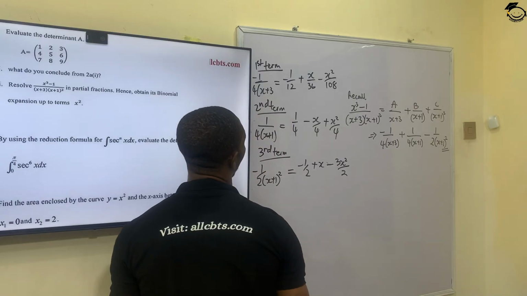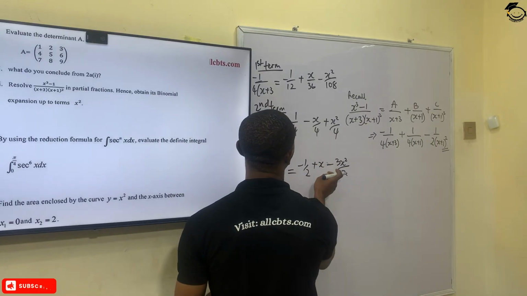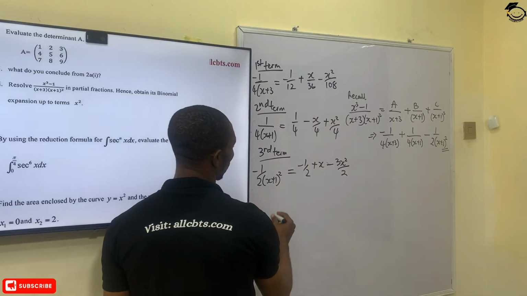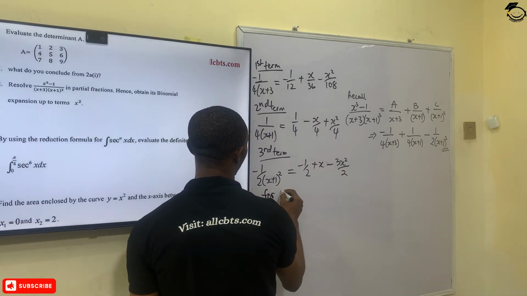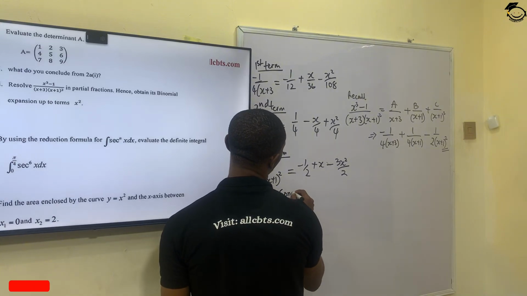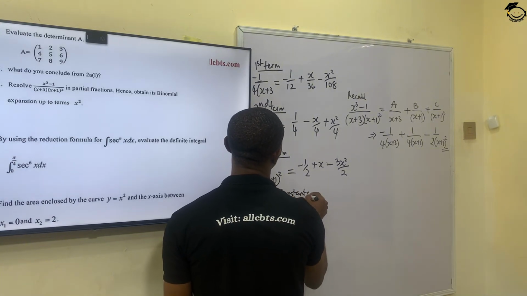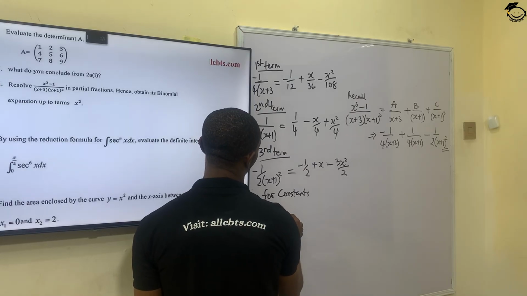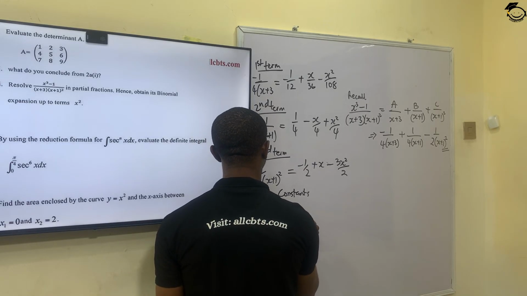All right, now with this, we have both coefficients of x squared, x, and our constant. So for our constant, adding our constants, we have minus 1 over 12 plus 1 over 4 minus 1 over 2.